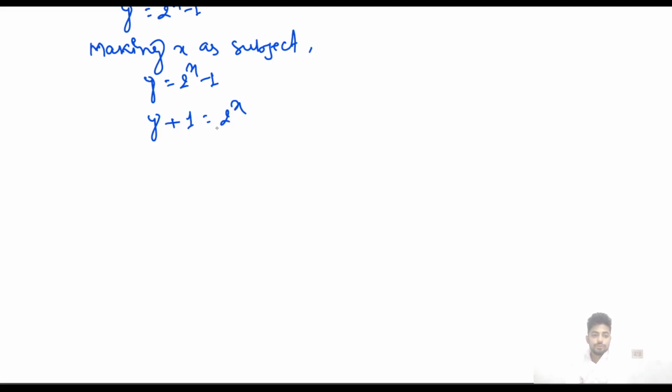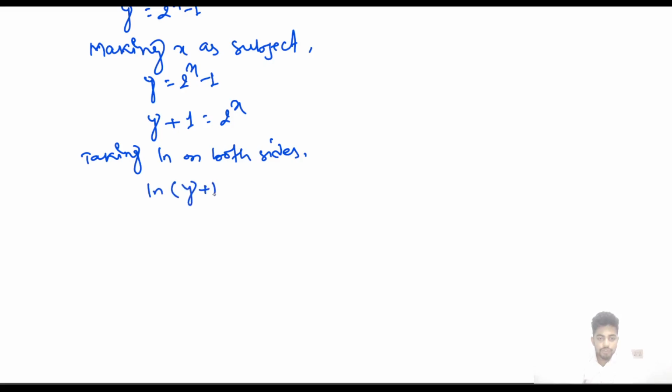So we need to introduce logarithms on both sides. Taking log with base e, that is ln, on both sides, we get ln(y plus 1) is equal to ln 2^x.